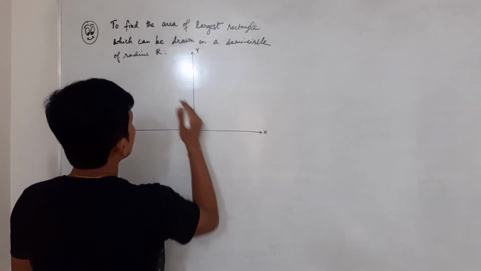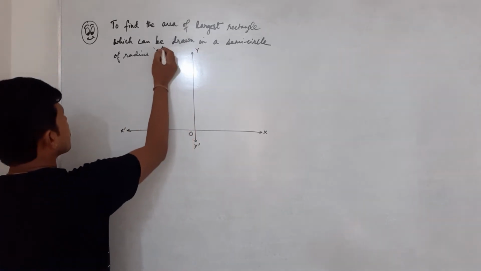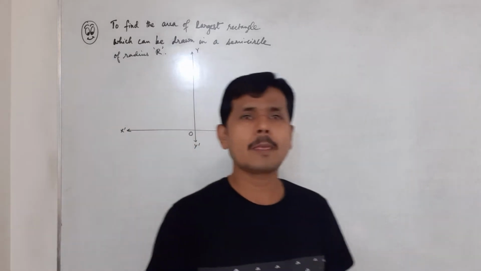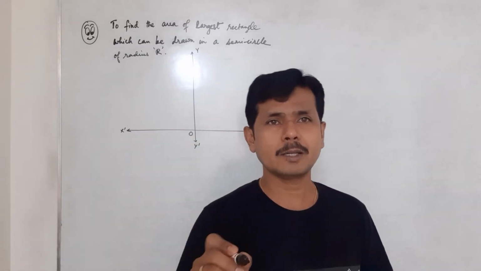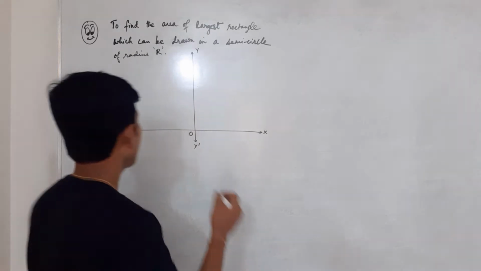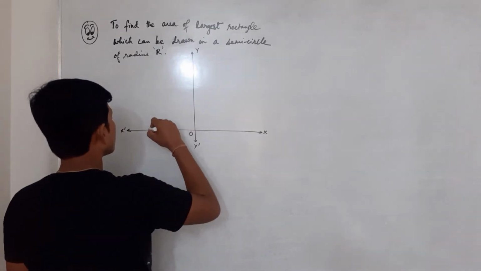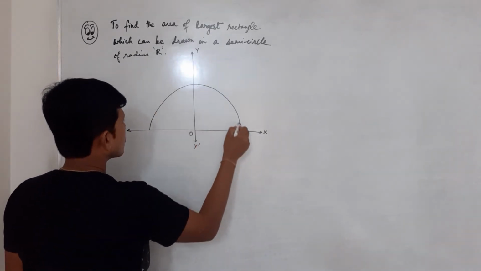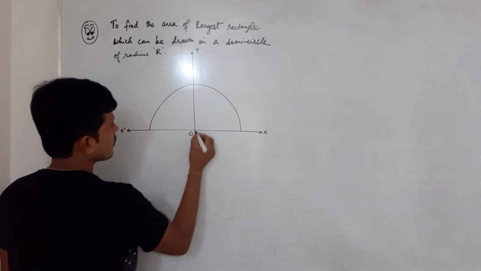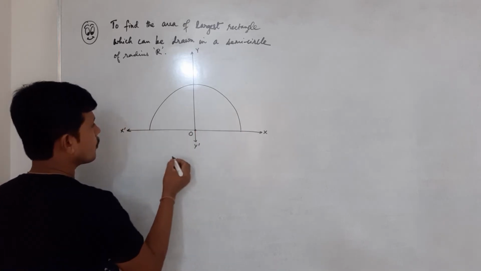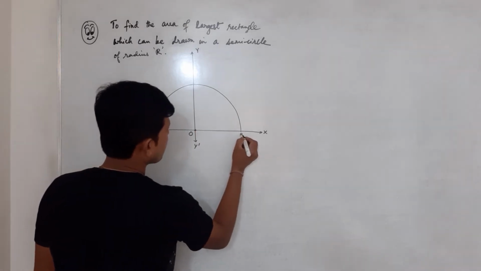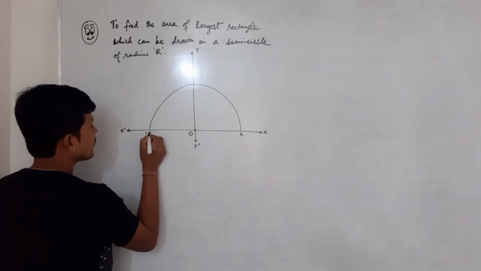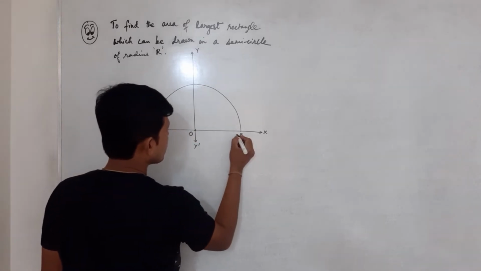Now over here radius is fixed, it's not a variable. So I'm making a semicircle on it, keeping the center as O. So this will be capital R, this will be negative R.